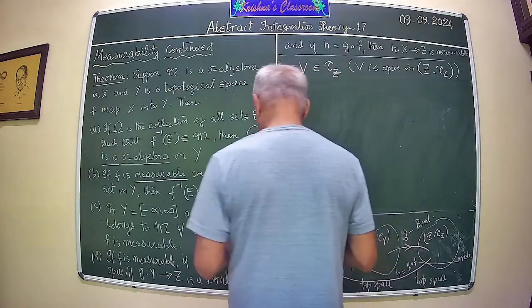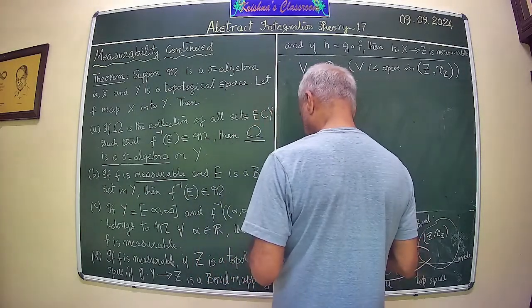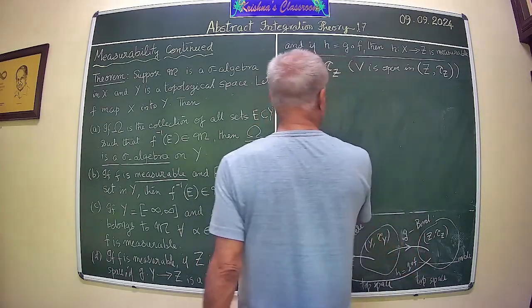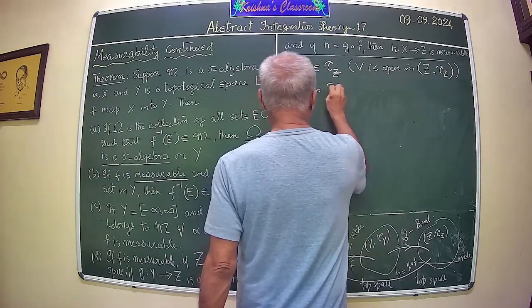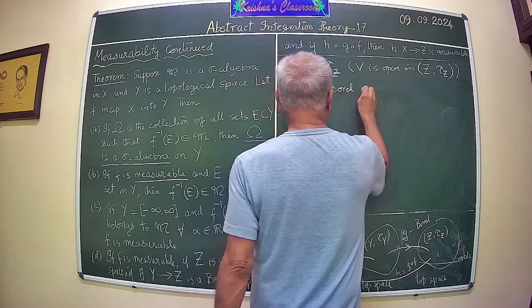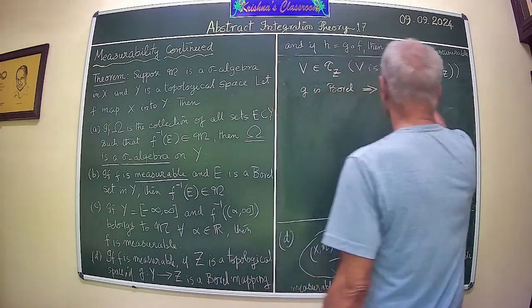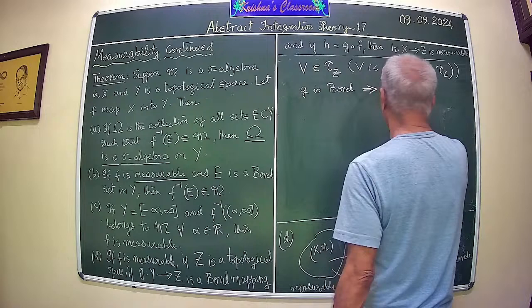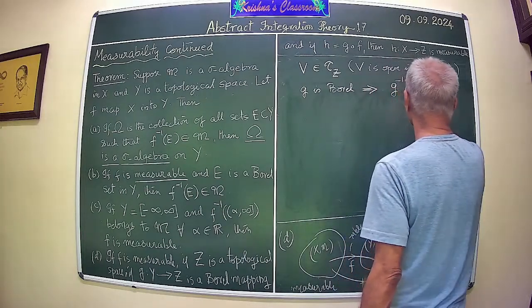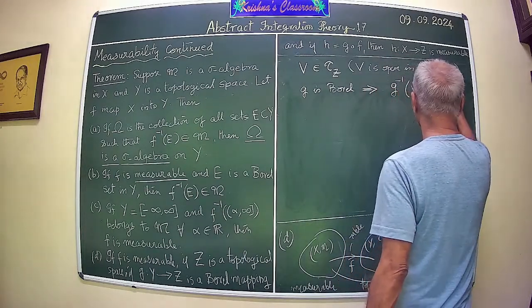Now we want to prove that what is given, G is Borel, which implies G inverse of V is a Borel set.